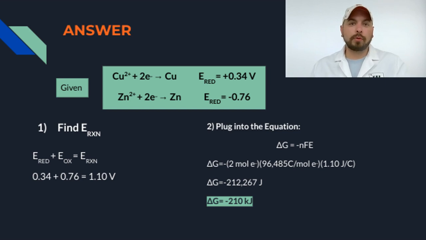So we take our 2 moles of electrons, multiply by the 96,485 coulombs per mole of electrons, multiply by the voltage at the standard condition of 1.10 volts or joules per coulomb, and we get a delta G value of negative 212,267, which, if I round it to sig figs, would be 210,000 joules. That leads us to kilojoules, all right, which would be negative 210 kilojoules.